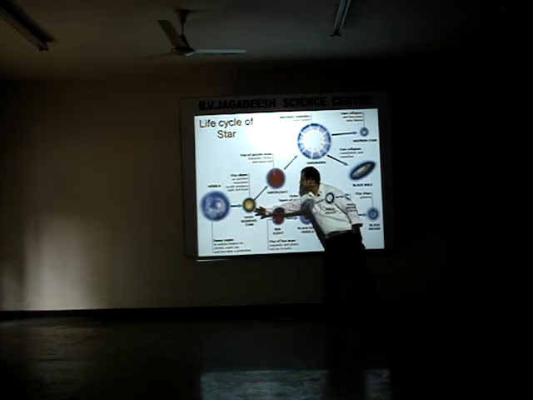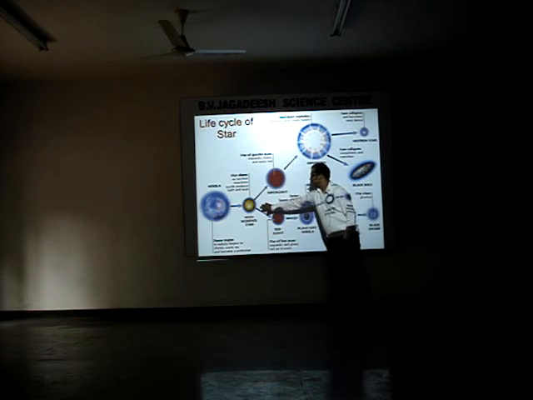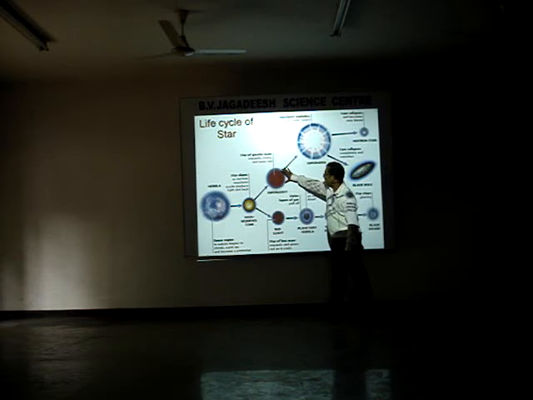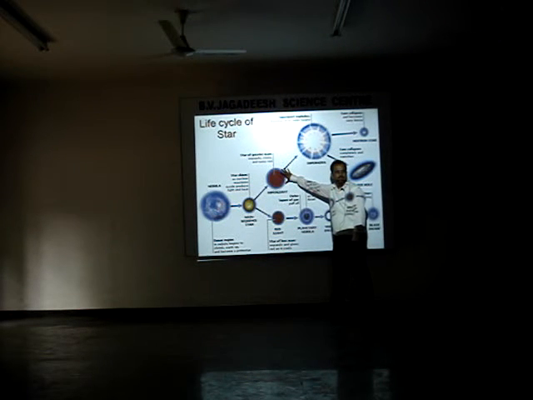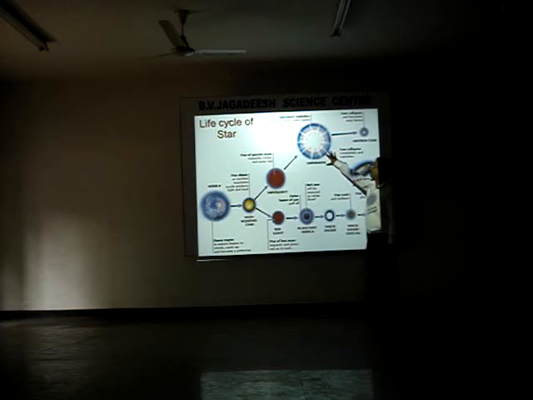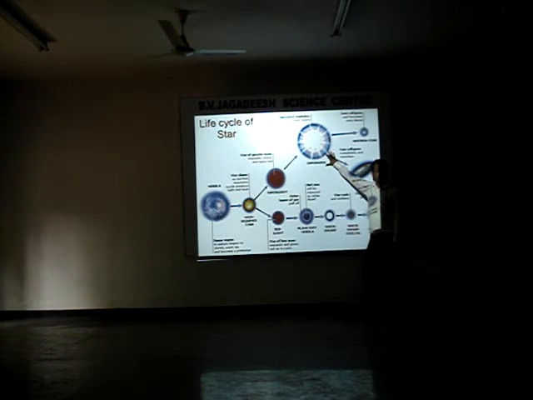Now come to the next cycle, which is bigger. The same nuclear fusion takes place. I'm not going to go into the details. The star becomes red supergiant. And when the red supergiant star explodes, you have a process which is known as supernova.